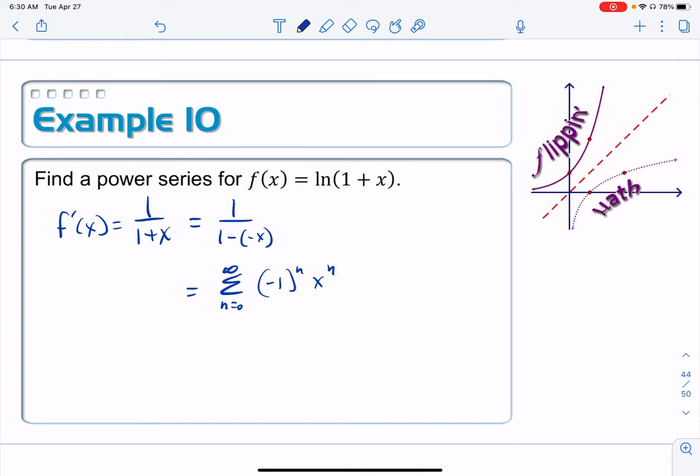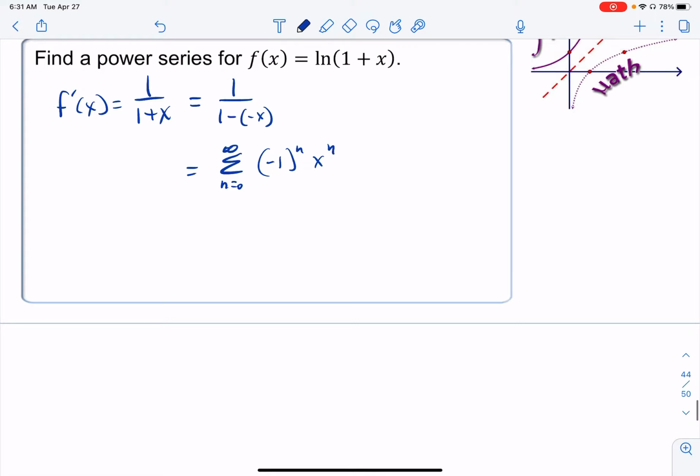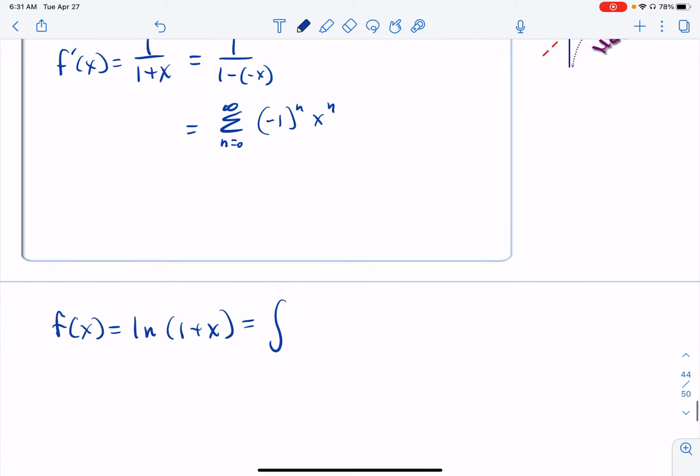So far, so good. Now, let's go ahead and take the antiderivative of that so that we can work backwards and find the original function that we're looking for. So, speaking of the original function, the natural log of 1 plus x should be equal to the antiderivative of the summation from n equals 0 to infinity of negative 1 to the n, x to the n, with respect to x.